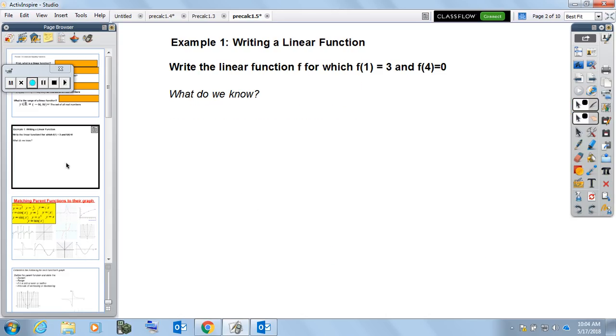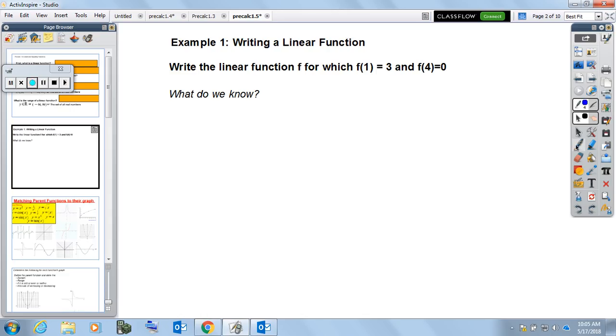Well, let's take a look at a linear function in which, when you input the value of 1, you get a y value of 3. When you input the value of 4, you get a y value of 0. So the question I have here is, what do we know? What does f of 1 equaling 3 and f of 4 equaling 0 actually tell us?